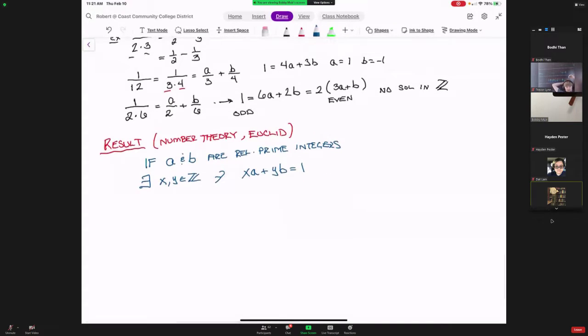Notice that if we were to divide everything by A times B, this would lead to x over B plus y over A equaling 1 over A times B.